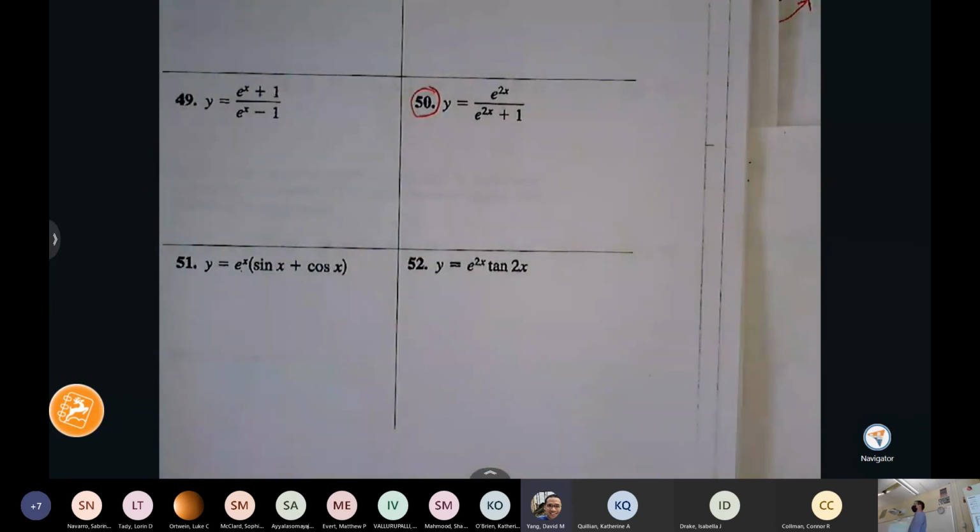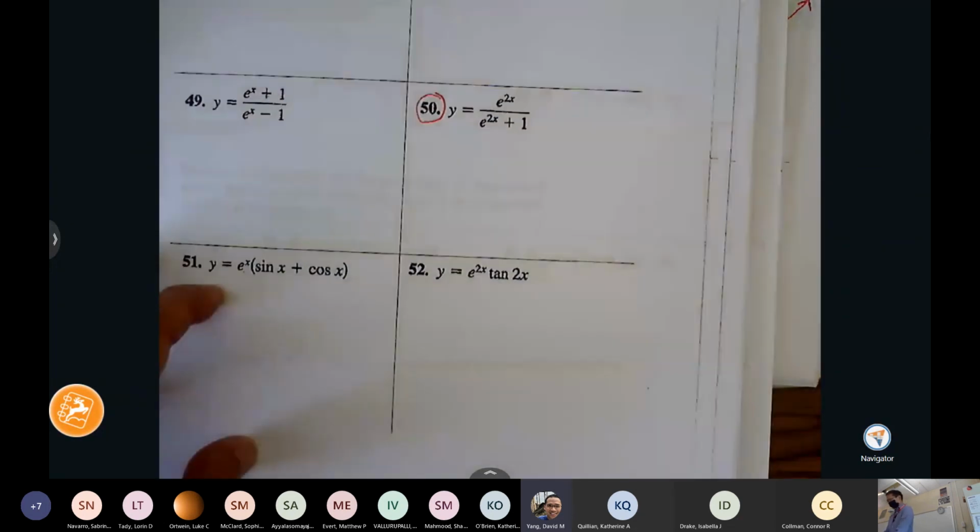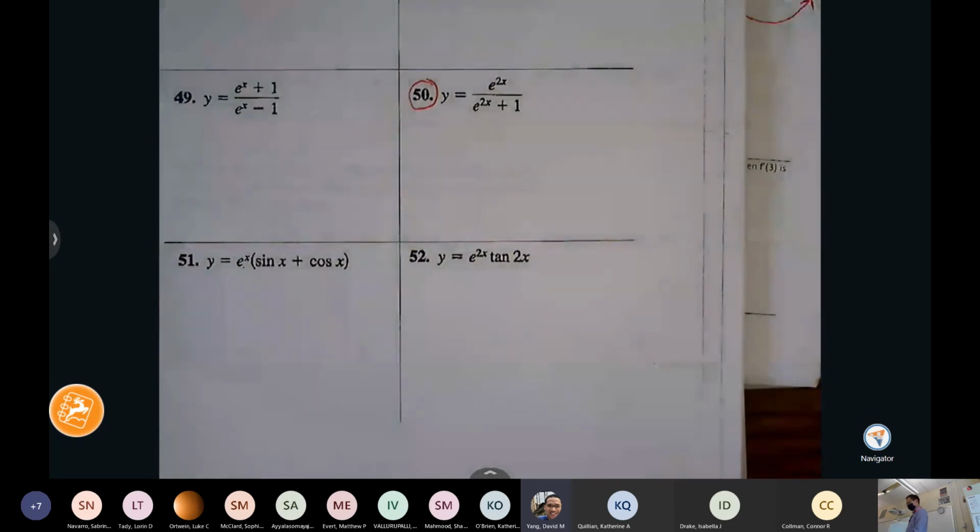So what do you think we can apply just from the very beginning? Yeah, you got the numerator and denominator, so we can jump directly into quotient rule, right? Okay, f prime g minus f g prime all over g squared.